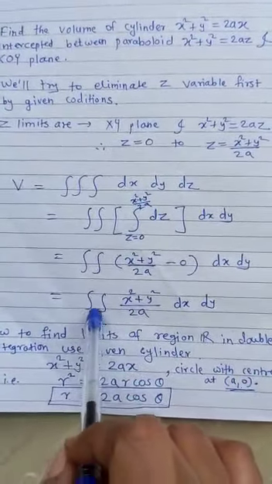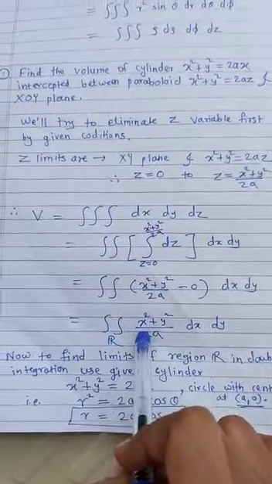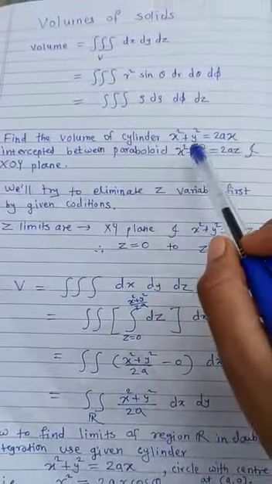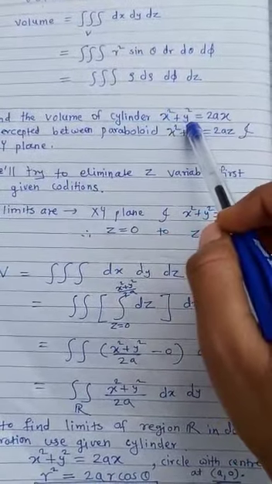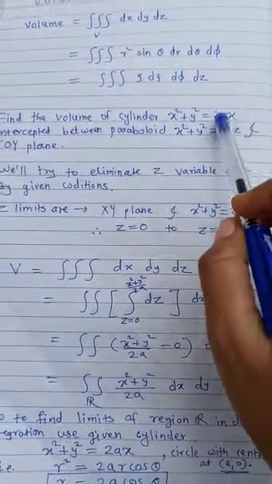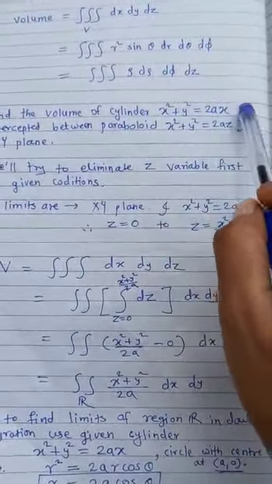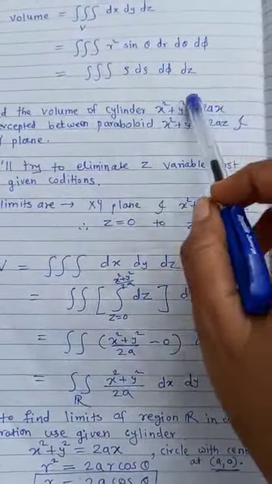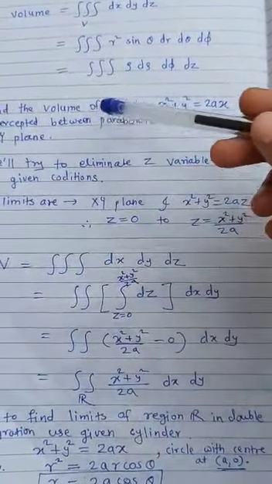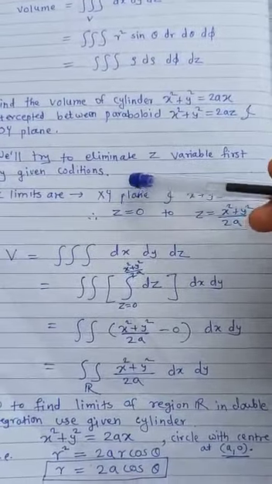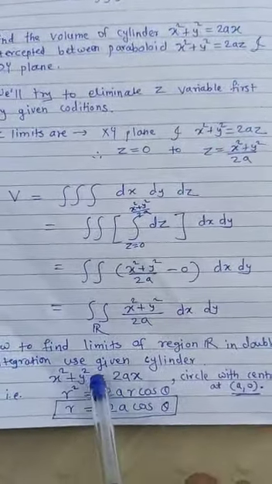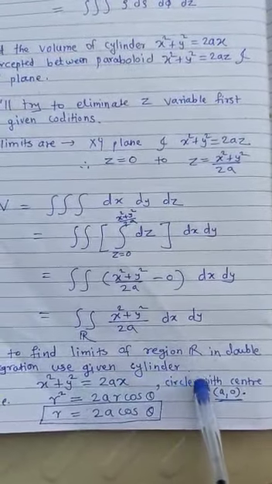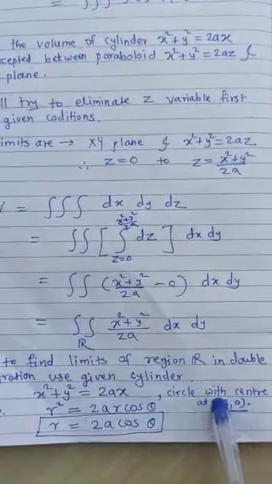Now this region R in terms of double integration. So use the another condition given to us in the example, and that is cylinder x square plus y square equal to 2ax. Now this cylinder, its reflection in 2 dimension you have to take. So reflection of the cylinder in 2 dimension becomes a circle. So x square plus y square equal to 2ax is nothing but circle with center at a comma 0.